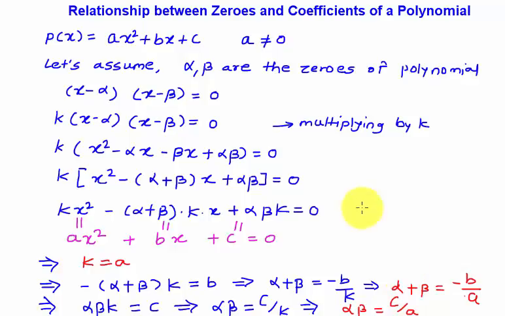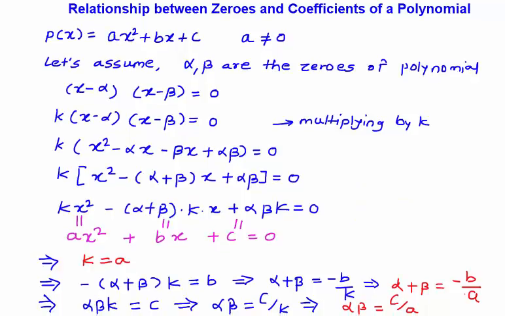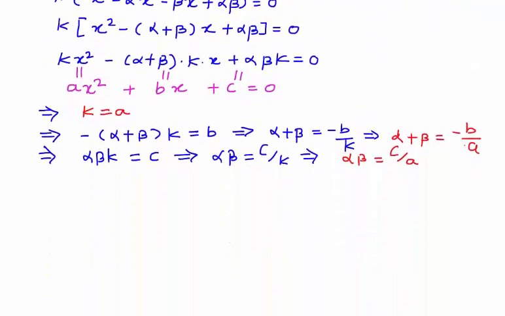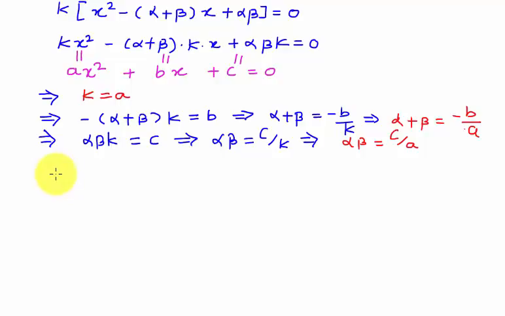Now let's write down the result of the above proof. So the result is sum of zeros is equal to minus b by a.